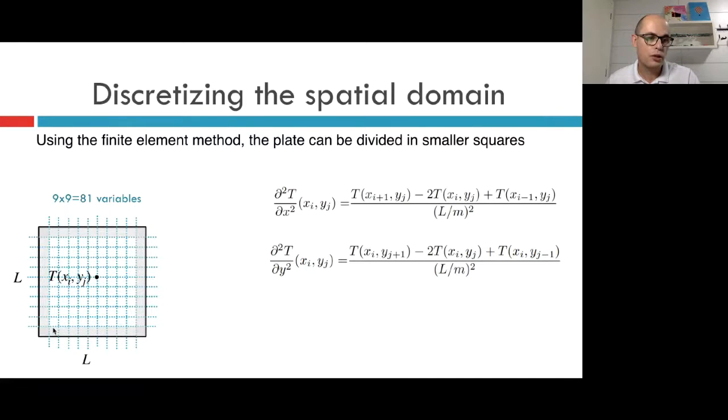The cells on the edge are the boundary conditions. However, the unknown values of the temperatures are inside this square. In this case, we have 81 small cells. I mean, 81 variables, 81 values of temperature that we don't know.